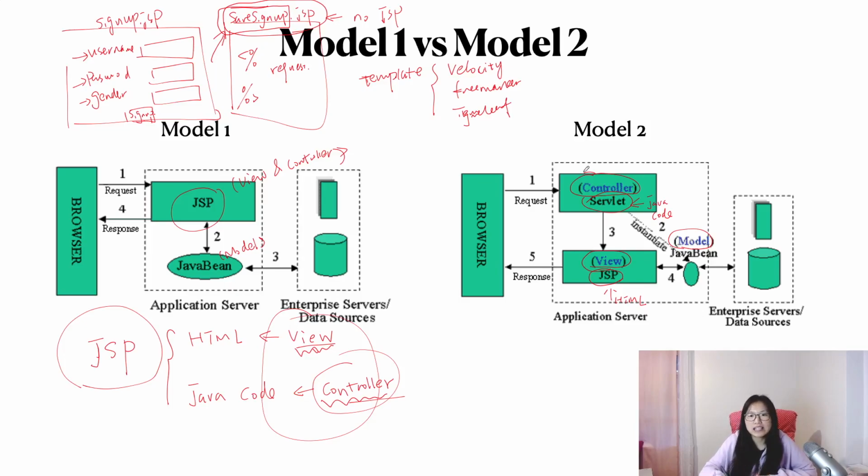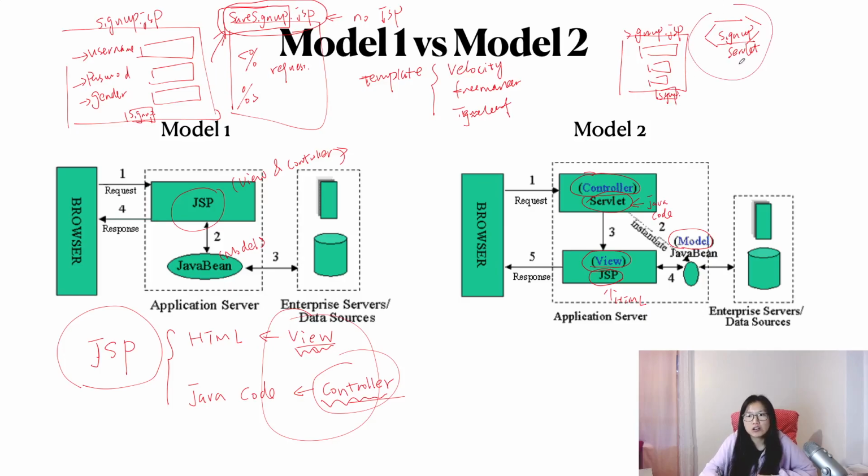Suppose we want to do the same thing, signup.jsp. Here we will have another servlet called signup servlet. I have username, password, gender, and a submit button. This page is to display the form, and when I click sign up, it will post to this signup servlet.